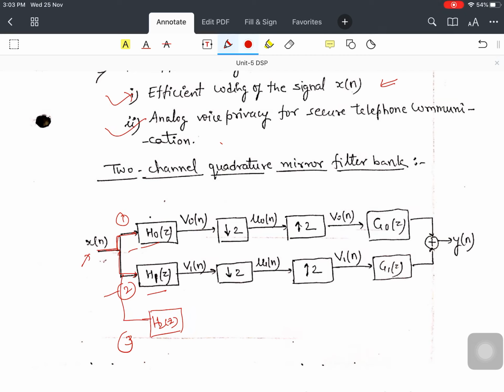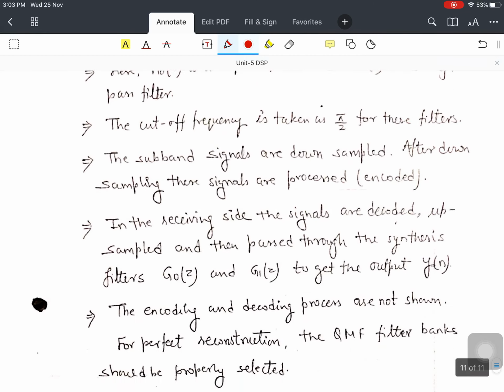For example, here I have taken only 2, H 0 Z and H 1 Z. The outputs are V 0 and V 1, then you are doing decimation by 2, and then again interpolation by 2. Because you have decimation and interpolation by the same factor, at this point you will get the same signal, theoretically. Then at the end G 0 Z and G 1 Z are combined and give the output y n.